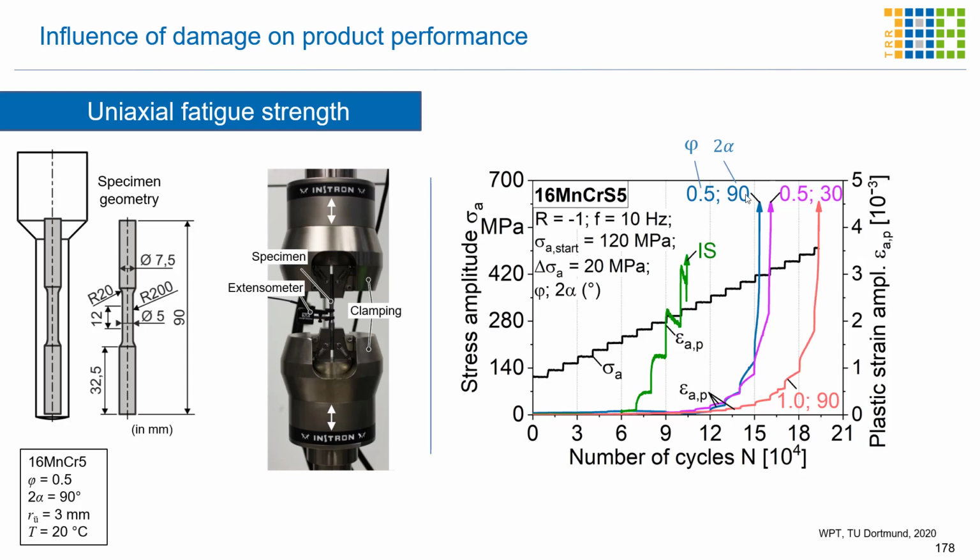So as we have seen before, with a higher shoulder opening angle, we can achieve higher triaxiality, leading to a higher amount of damage. And therefore the shoulder opening angle of 30 degrees has less damage. And as you can see here, this specimen has a higher fatigue strength and therefore exhibits a higher number of cycles until the fracture occurs.